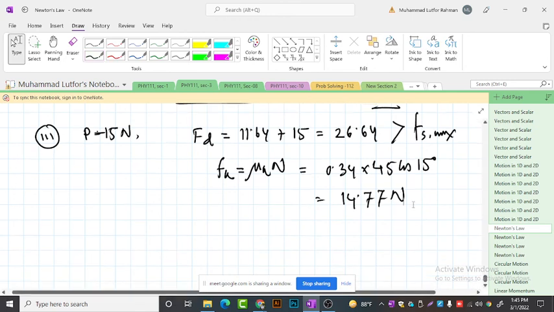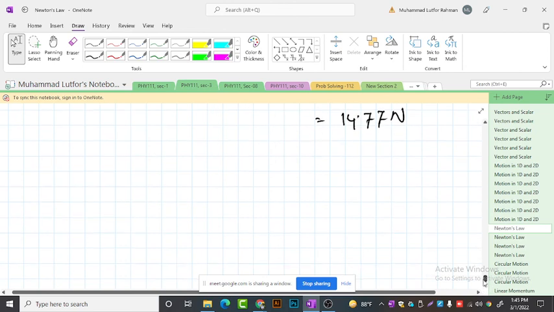And now if I ask you at what acceleration the block will move, then you can write down this equation. For the third case, it would be P plus mg sine theta minus Fk equals ma. I know P, I know sine theta, I know Fk separately, and I know mg, I can find by dividing by g.